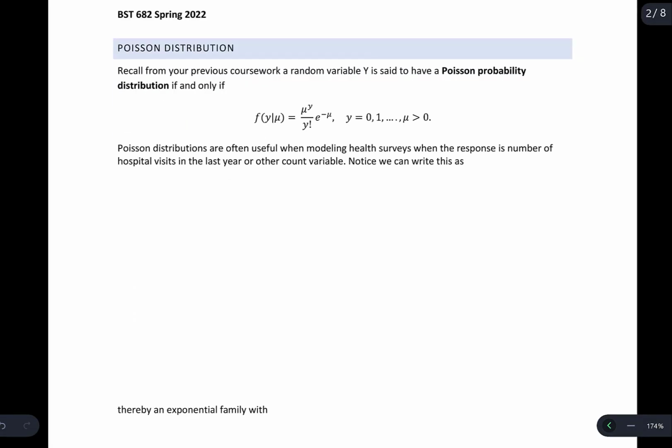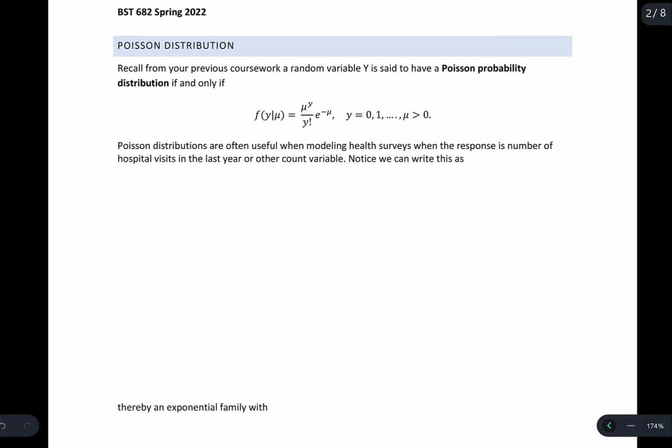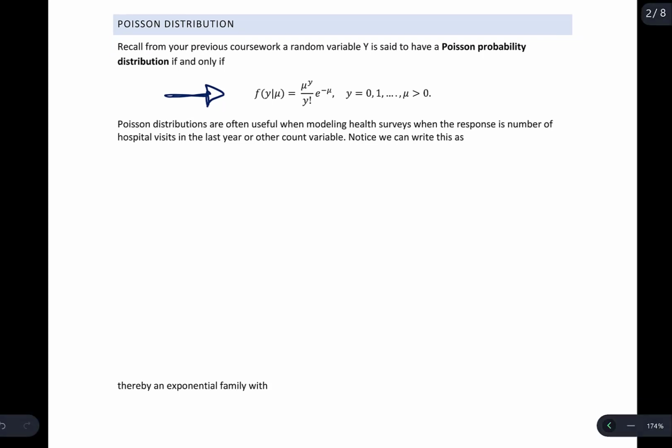So we're going to start out here with the Poisson distribution. And so here I've got the PMF of the Poisson distribution, and I've parameterized it using mu. So first thing I'm going to do here is just rewrite out my distribution. And what I'm going to do is notice here that I've got mu to the y in the numerator and y factorial in the denominator.